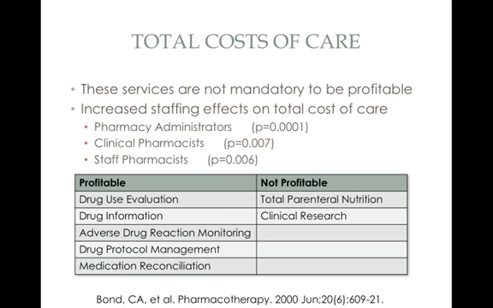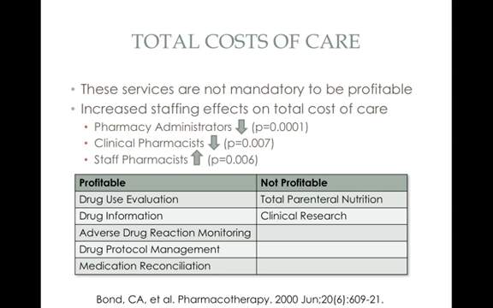Although not all services are required to be profitable, it is certainly a massive benefit if it is at least cost-saving for your organization. Increased staffing does not always mean decreased costs for the hospital. Hiring of staff pharmacists actually increases total costs of care, whereas hiring pharmacy administrators and clinical pharmacists decrease costs of care.